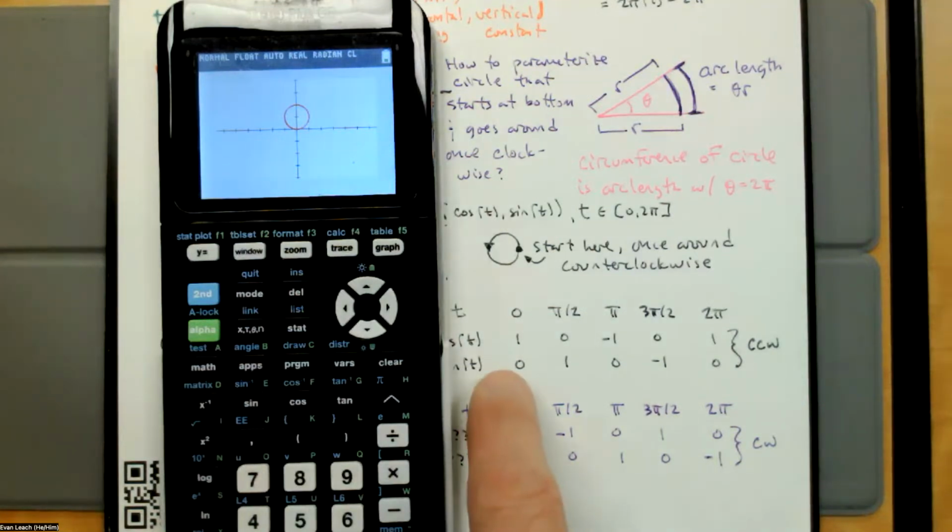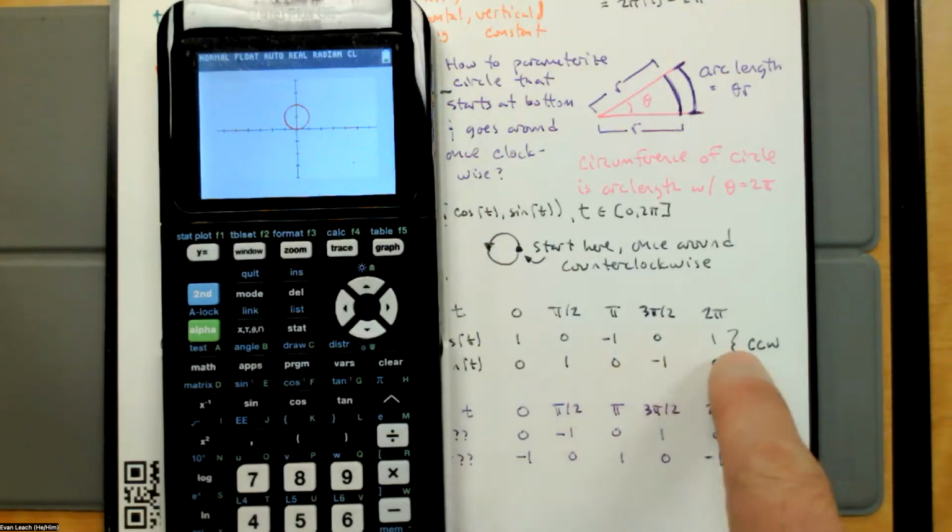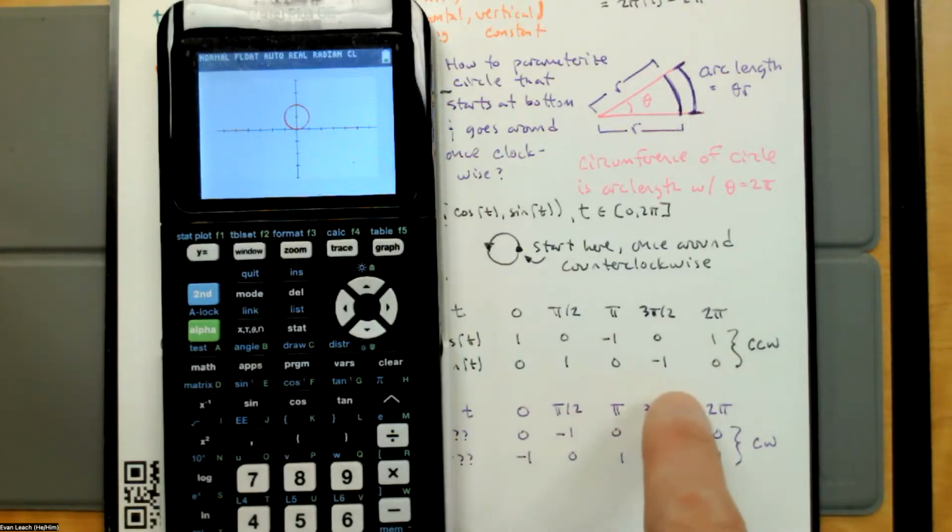So notice that the x coordinates of my points go 1, 0, negative 1, 0, 1. And my y coordinates go 0, 1, 0, negative 1, 0. I want to do 2 things. I want to reverse those roles. I want the y to start off at 1 and the x to start off at 0. I want the x's to go 0, 1, 0, negative 1, 0, and I want the y's to have the 3 1s and then the 2 zeros.